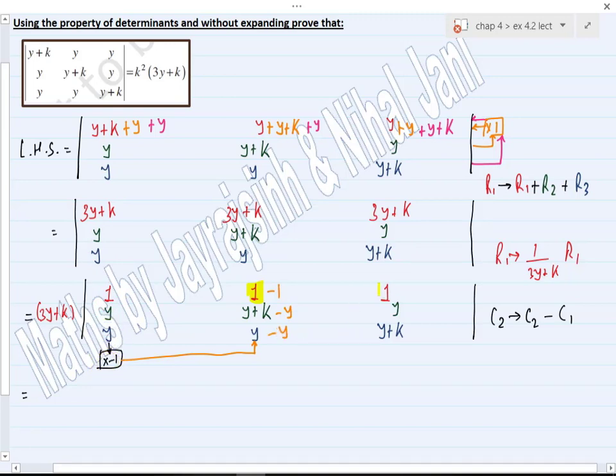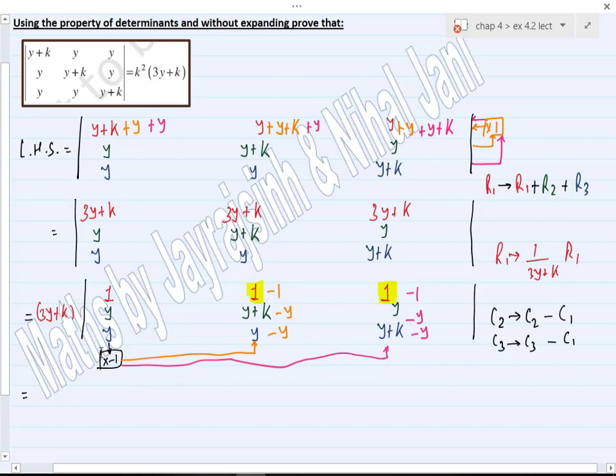Similarly, to get 0 at A13, the preferable operation is C3 gives C3 minus C1. You have to do the same thing. Multiply minus 1 with the first column, add into the third column. You will get the same quantities, minus 1, minus y, and minus y.